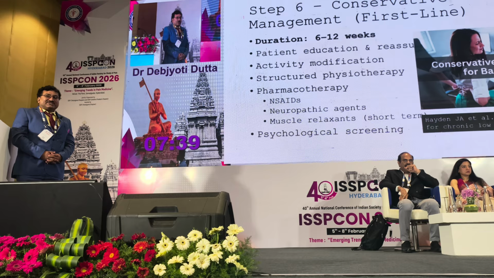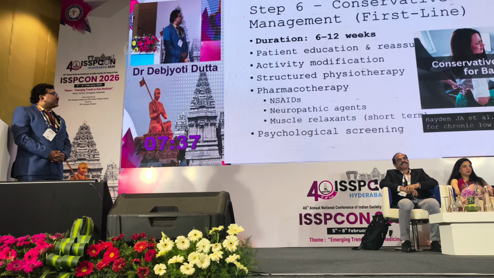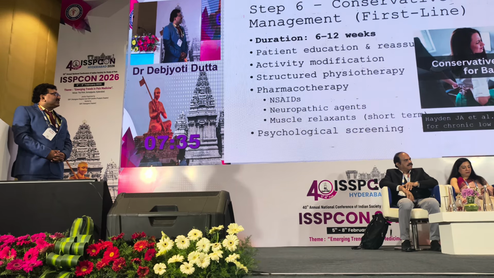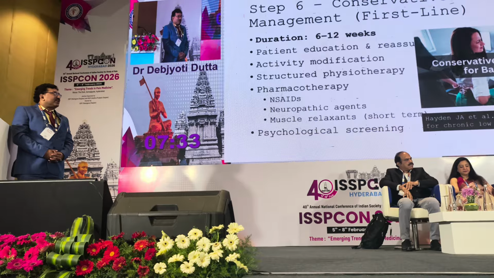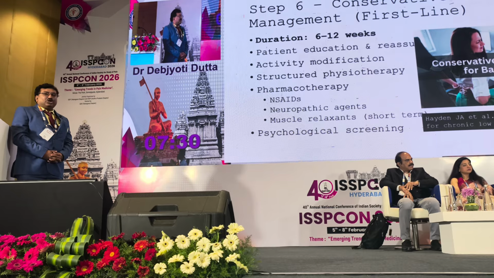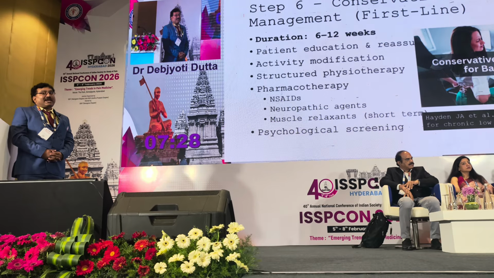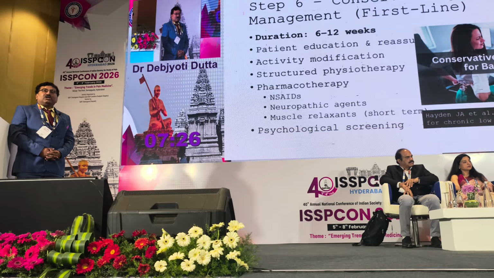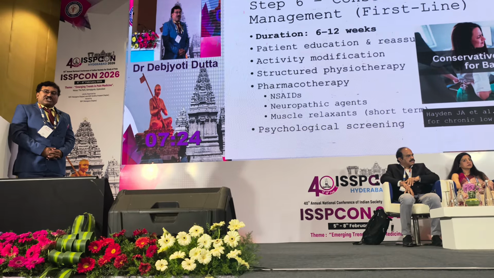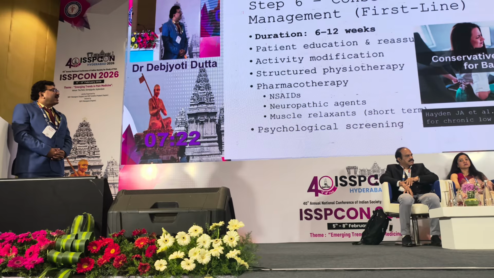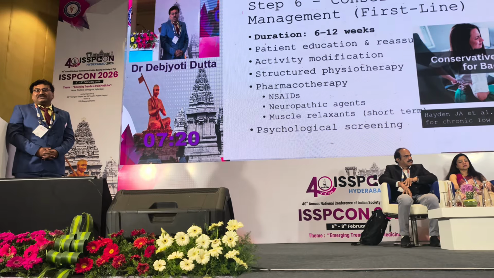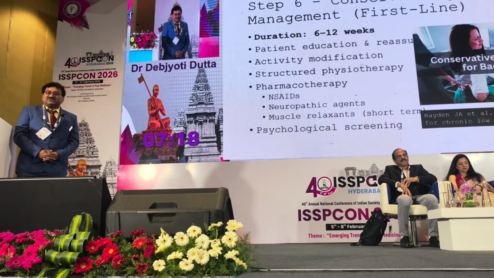Here, most important is the patient education and reassurance, activity modification, structured physiotherapy, pharmacotherapy in the form of NSAIDs, neuropathic agents, muscle relaxants as required, based on the patient's requirement, the patient's side effect profile of those medicines, and also based on the coexisting diseases of the patient. That is very, very important.